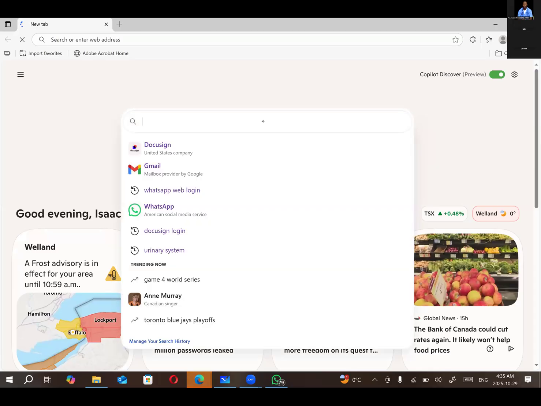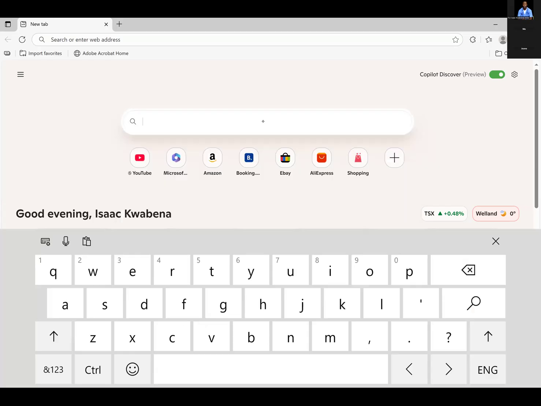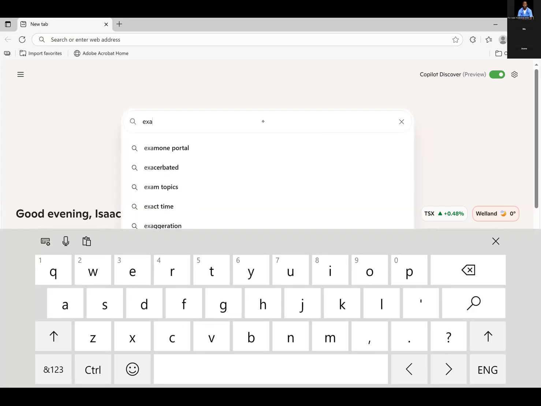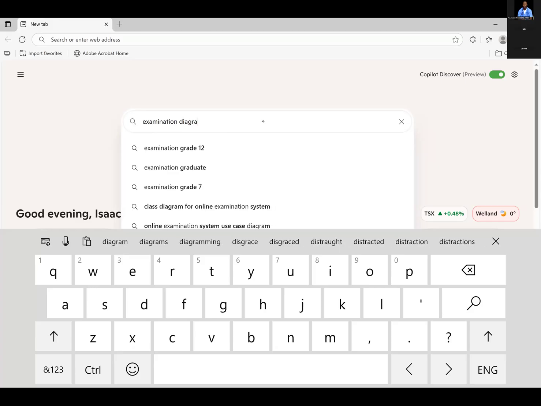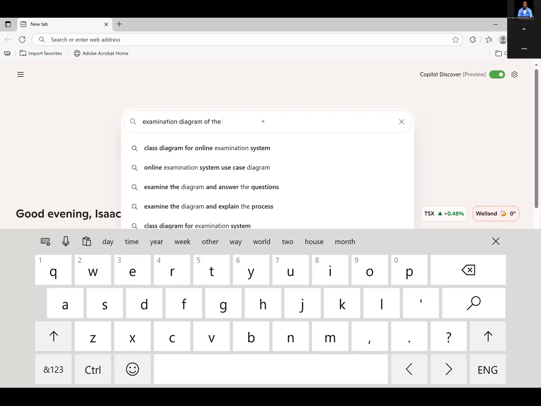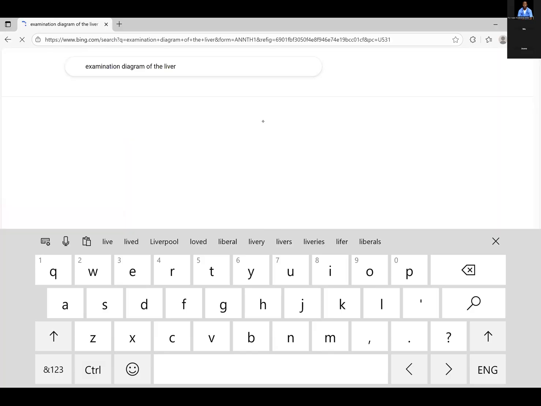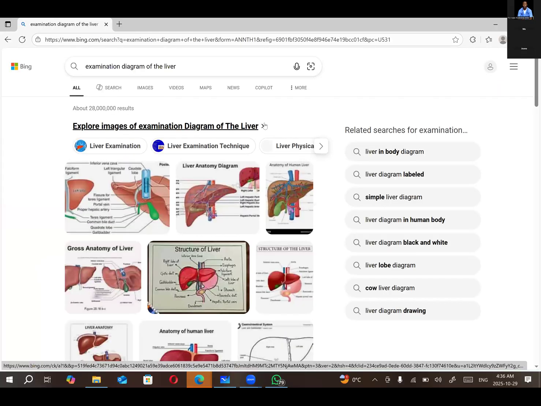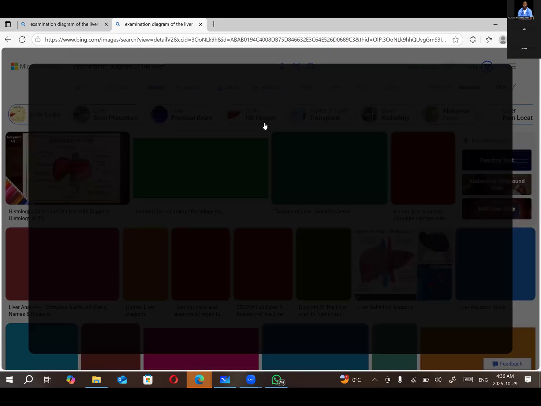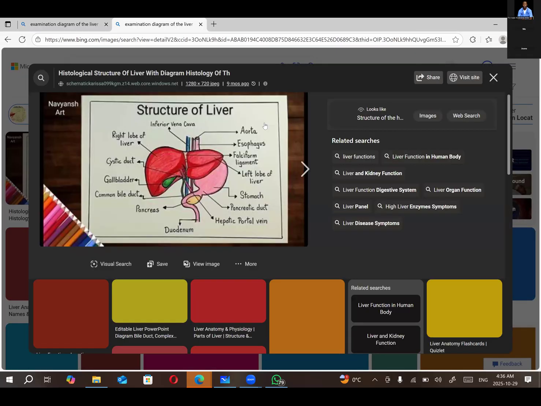Let's look at the diagram of the liver. You see that?